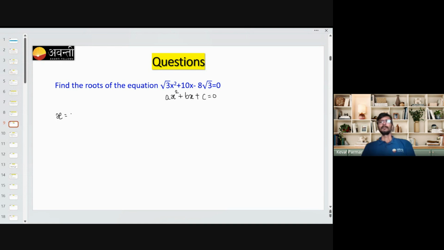Chalo. I am also solving simultaneously. Please check your solution here.